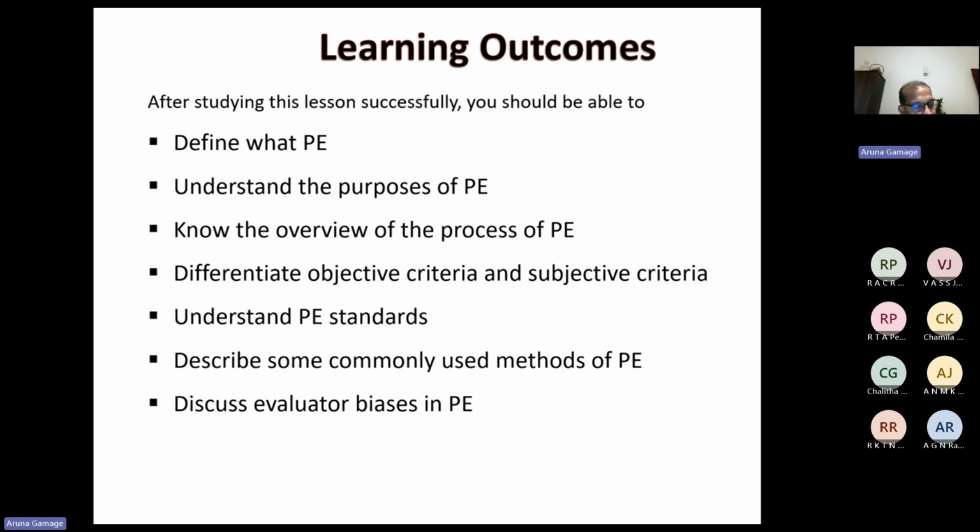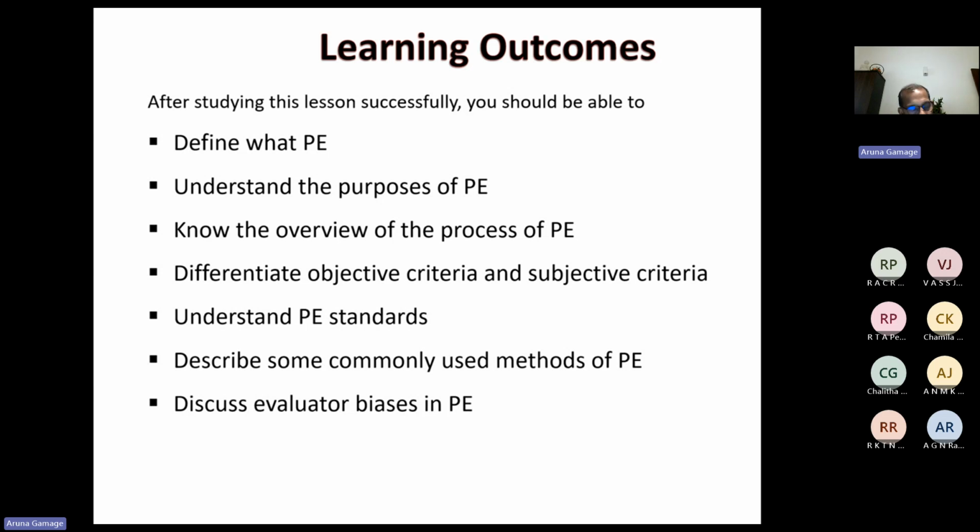So what is performance evaluation? Performance evaluation is all about measuring how well employees are doing their job, to what extent they are doing their job, to what degree they are doing their job.